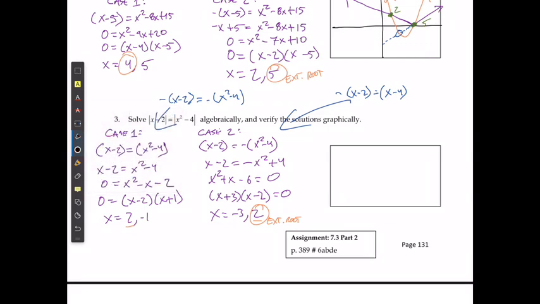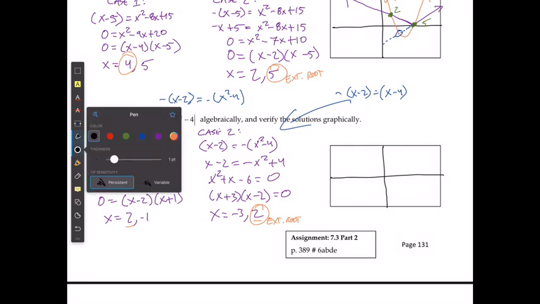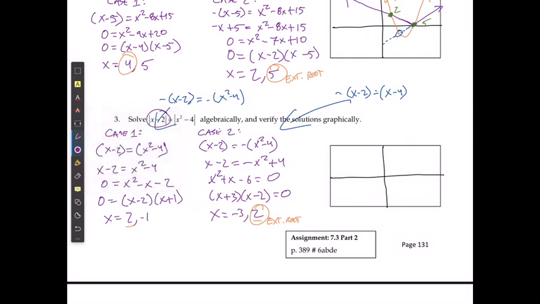I graph these out. So I'm going to put my left side as one equation, and that's going to look something like this.